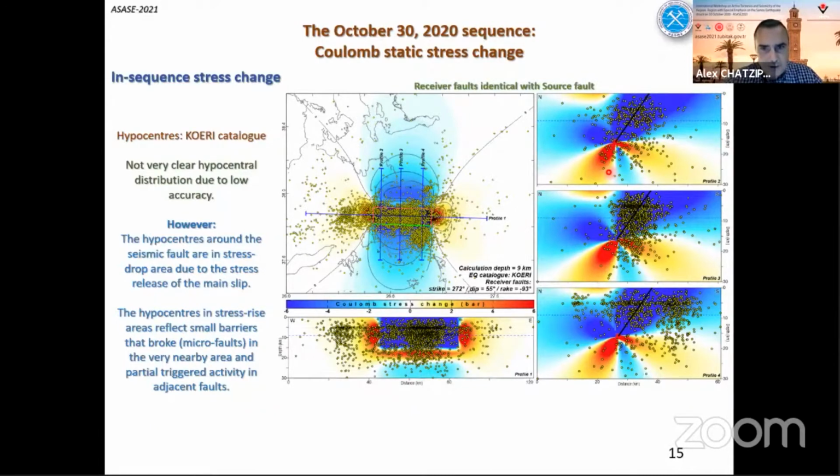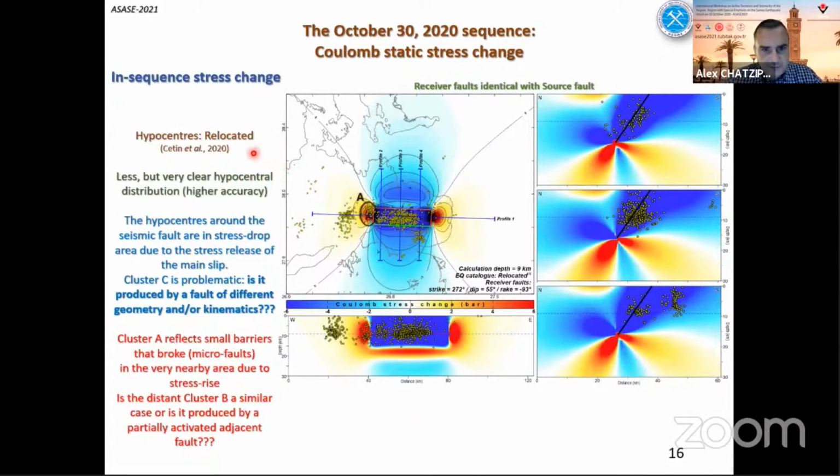If we use the relocated hypocenters, we see here that the distribution is a lot better. They are concentrated around the model fault. And again, we see here those two clusters that are at least problematic, or pose some questions, and I'm going to discuss them later.